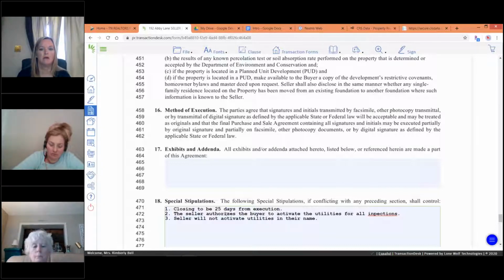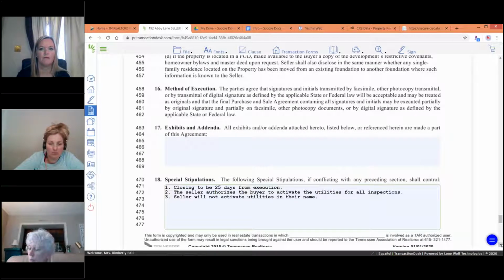Okay. So why did I talk about that? Because it says in the contract there that the seller's responsible for getting the utilities on. I want to make sure that we are covering the seller if we don't have our utilities on.